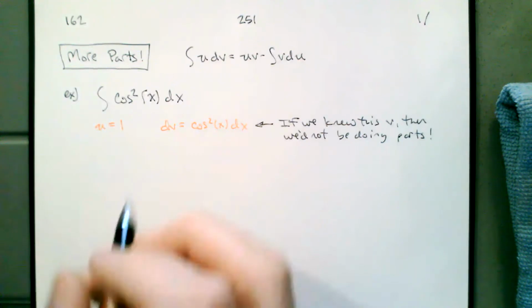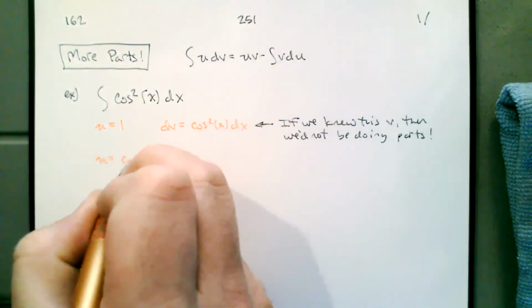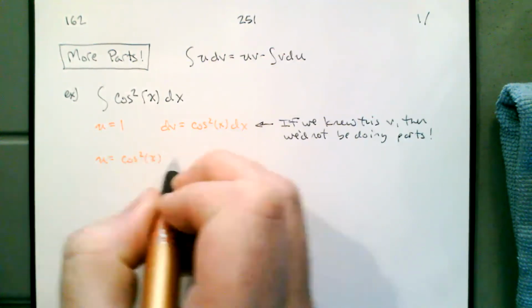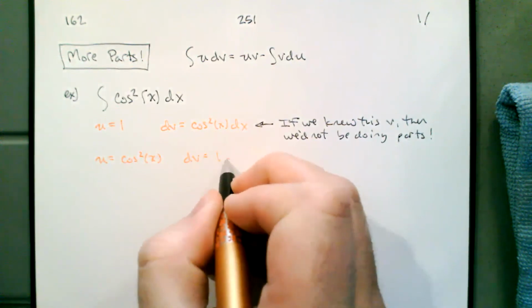So one of the things that we can do, what if we put all the cosines over here and just left dv to be 1 dx?